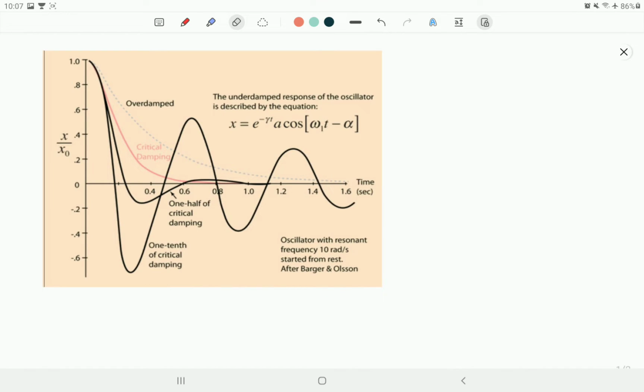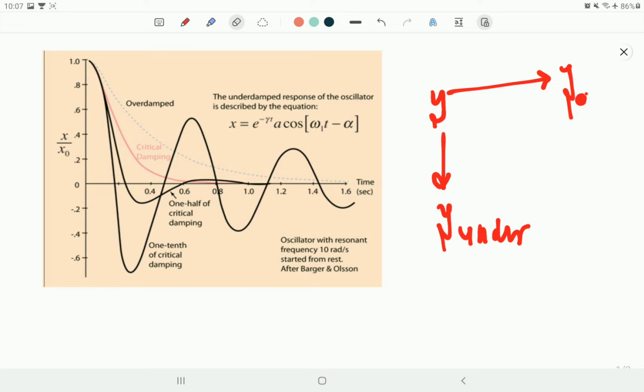Now we already know that whenever the value of the damping coefficient gamma is less than the critical value, it is called gamma of underdamped condition. And whenever it exceeds the critical value, it is called gamma of overdamped condition. Now all the curves, as you can see here, which are lying below the critical damping curve, these two curves are lying below the critical damping curve.